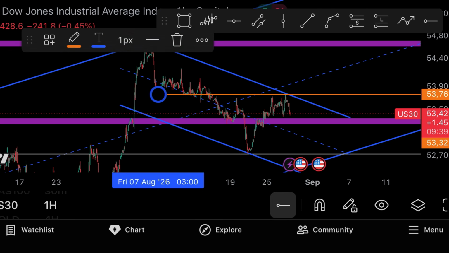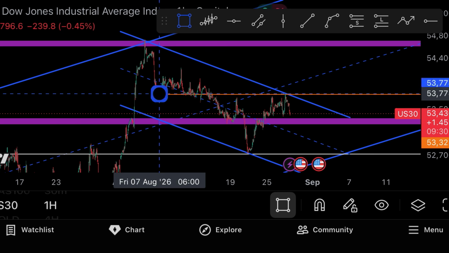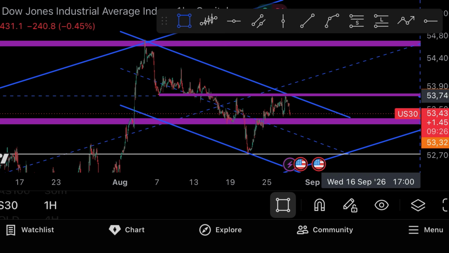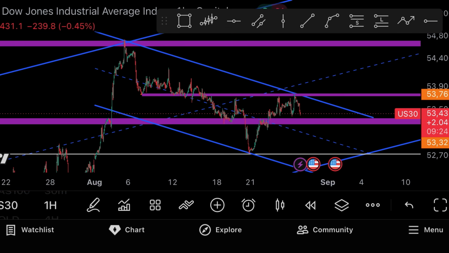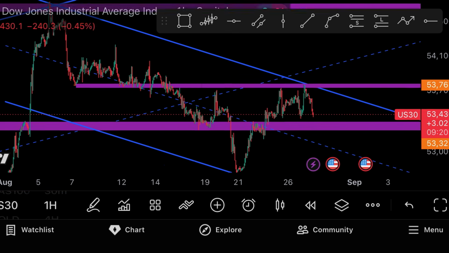If I draw a line on this low right here, or if I just drew a line where price touched our trend line, you can clearly see that this is actually an important resistance right here, right? So clearly US30 is in a resistance, and where are we going?